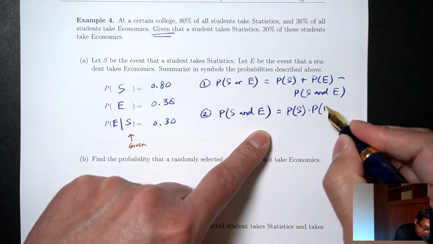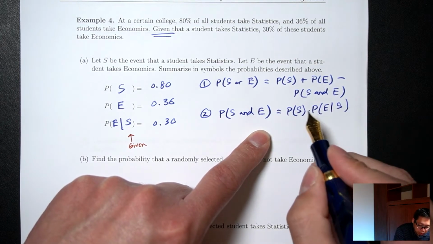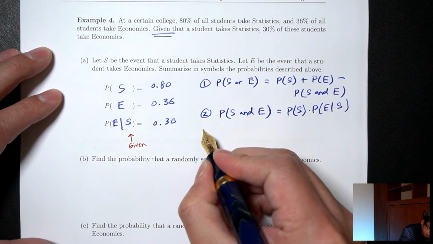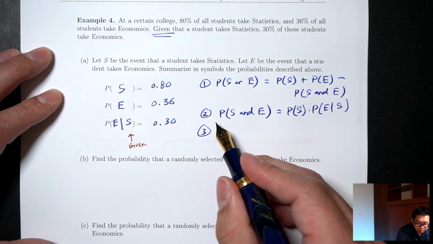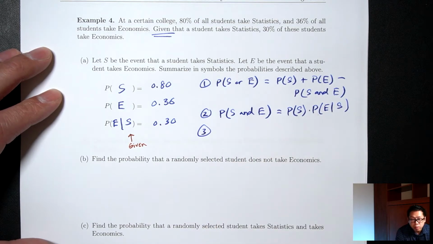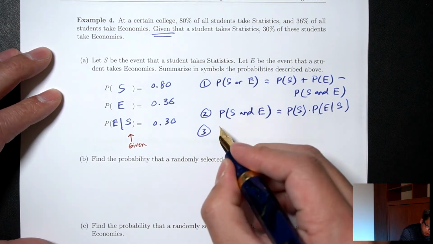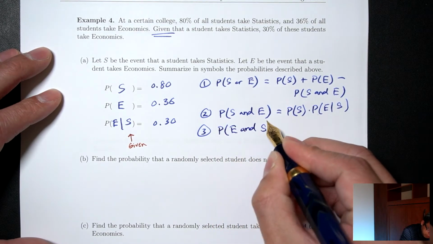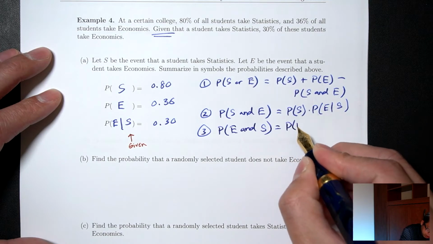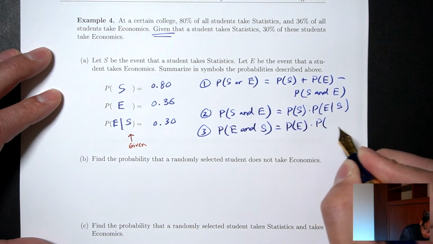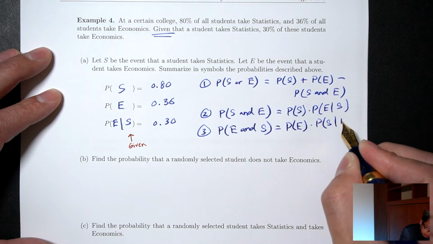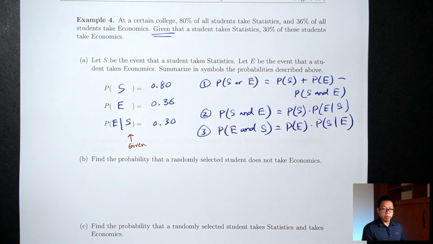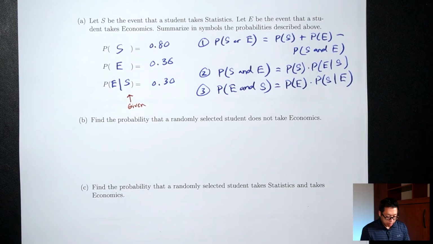So it's going to be E given S. Okay, alternates S, E, S. And then the third one is the same as the second one, except I'm going to swap the two letters, S and E. So this will say E and S equals, this will now say E, and then it alternates also, so E, S given E. Okay, so those are my three formulas. And then the rest of these questions, I should be able to answer using one of those formulas.